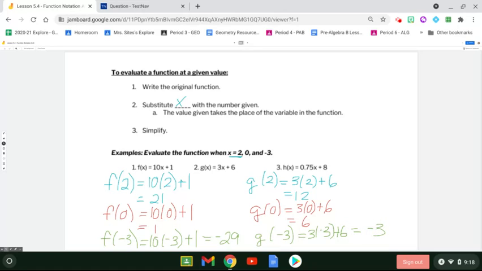Okay, we'll do the last one also. I have to go do this up here at the top. So h of 2. So 0.75 times 2 plus 8. So that would give me an answer of 19 over 2.